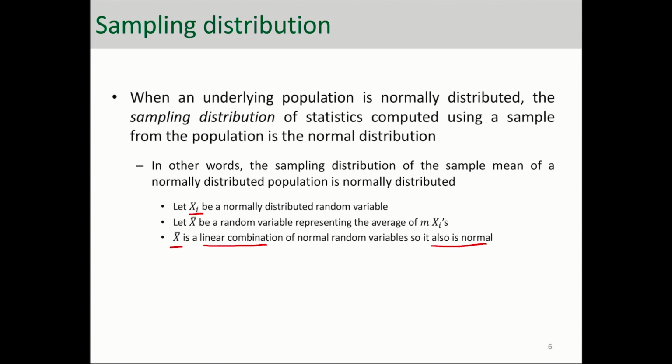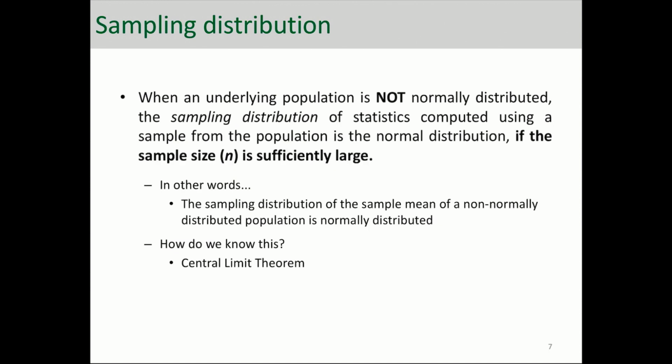But the more fascinating part of the story is that even if the underlying population is not normal, the sampling distribution will be normal anyway if your sample size is sufficiently large. So if you pick a big enough sample size, the sampling distribution of the mean will be normal anyway.